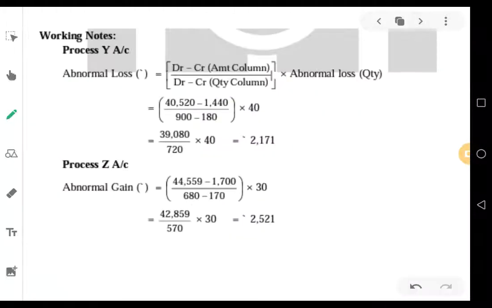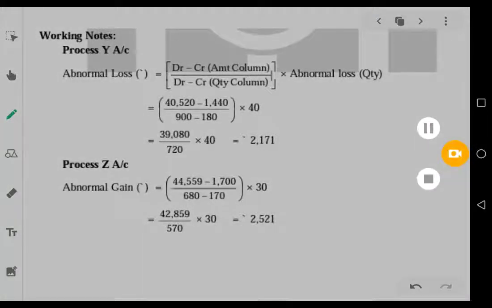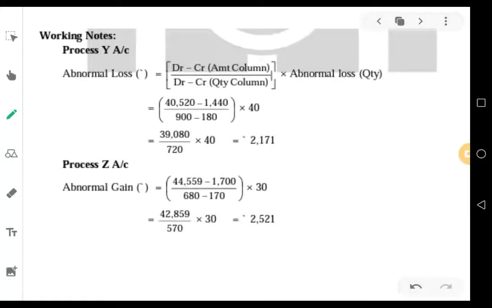So the formula should be 40,520 minus 1,440 divided by 900 minus 180. 900 is the input, 180 is the normal loss. So if you subtract, you should get 720, that is the expected output. So that comes to 39,080 by 720.